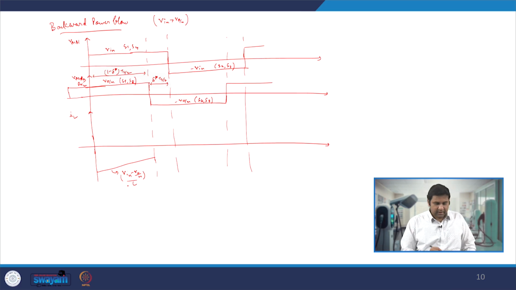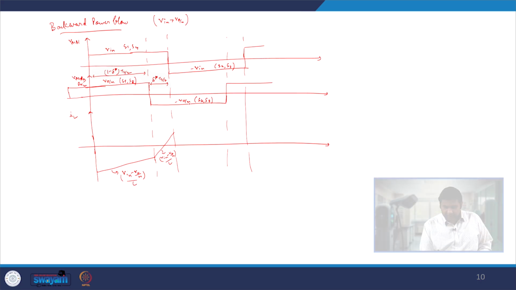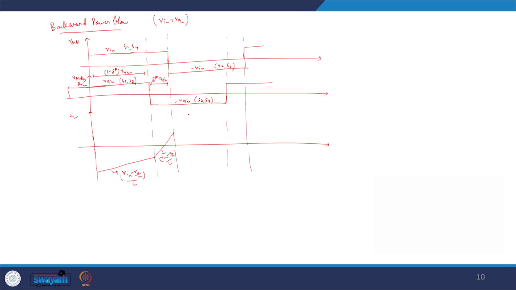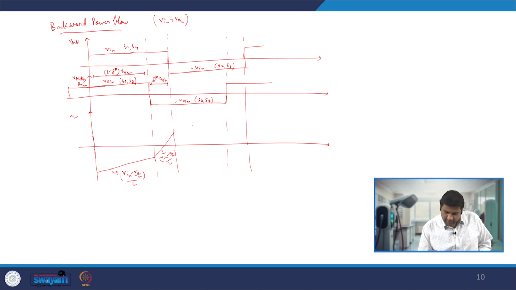Here it is V in minus of minus V naught by n, so we have a positive slope, V in plus V naught by n by L. Here minus V in is applied and minus of minus V naught by n, so again we have a negative slope, like this.